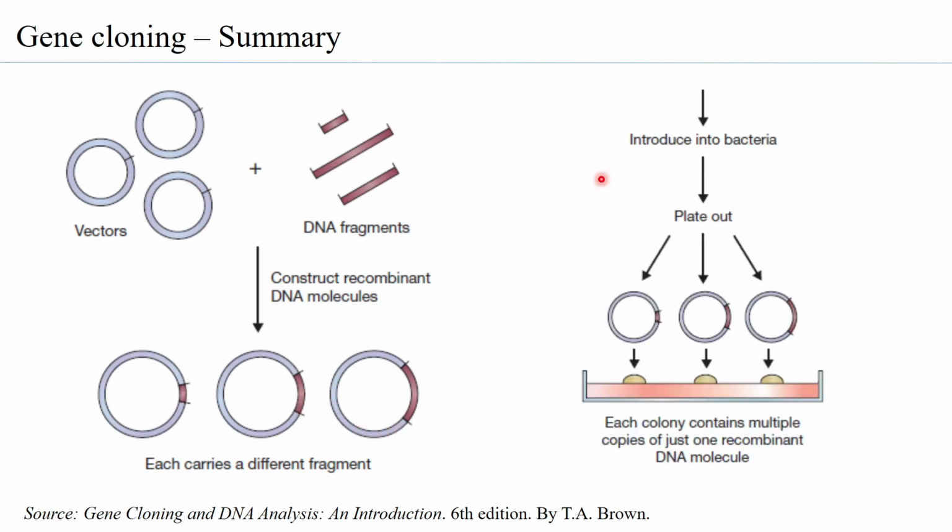These inserts can now be transferred into a bacteria, and these bacteria can be plated out into a fresh media, and when plated out, each cell is going to form a colony, and every colony has thousands of bacteria present. So you can imagine that every colony has multiple clones of a single fragment. And that is how you have gene cloning happening.